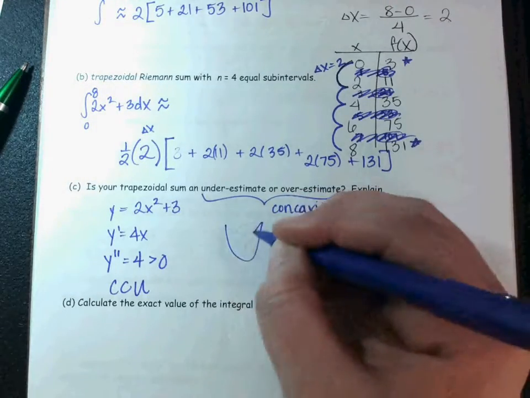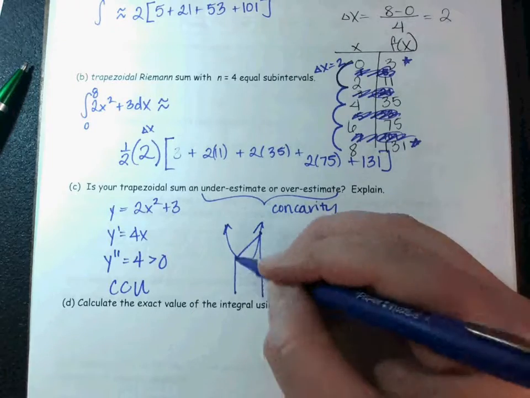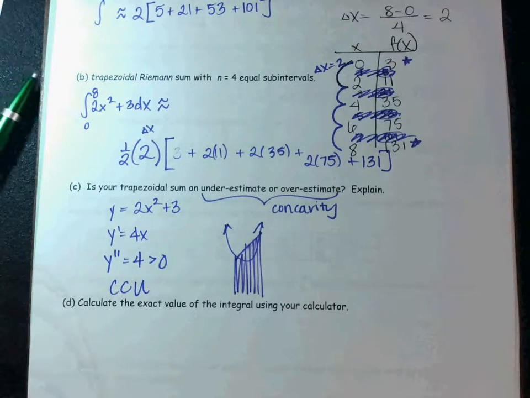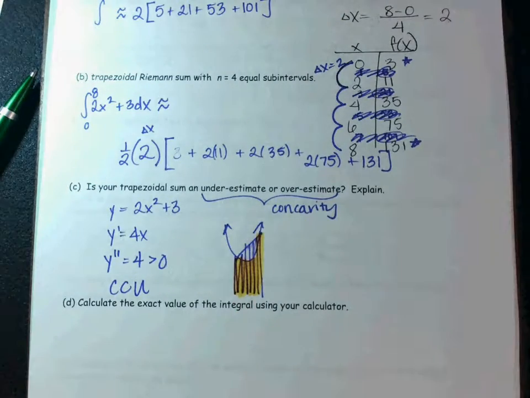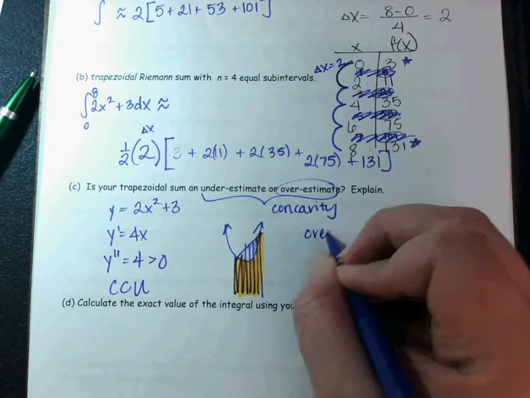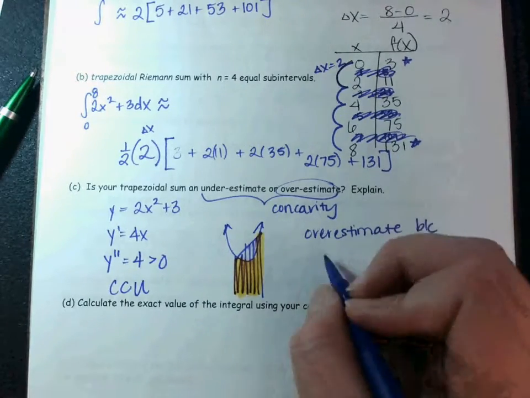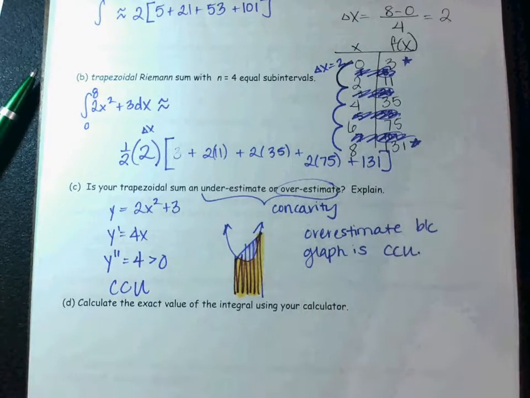So if I draw a little concave up graph, and then I pick 2 points, and I draw a trapezoid into that, you can see that my actual area is only under the curve, what I'm doing in yellow, but my trapezoid, my purple, is going way above that. So it would be an overestimate, because your graph is concave up. So your trapezoids would hit above.